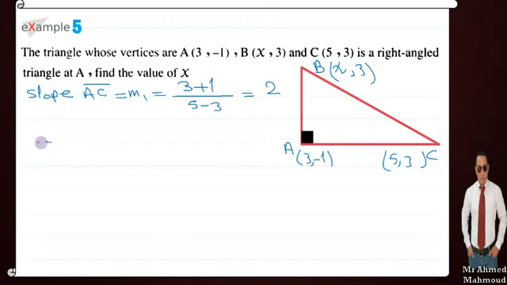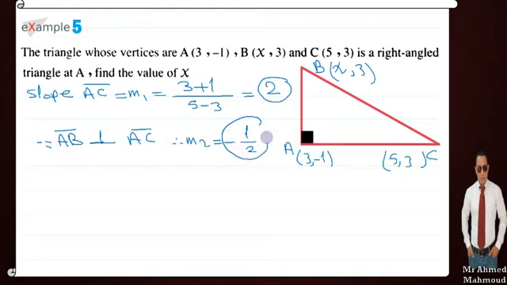Therefore, since AB is perpendicular to AC, m2 equals the multiplicative and additive inverse of this one, which is negative 1 over 2. Don't forget. Okay, m2 equals negative 1 over 2.